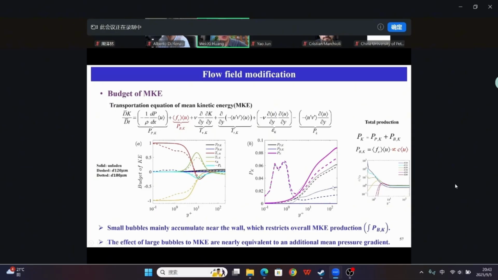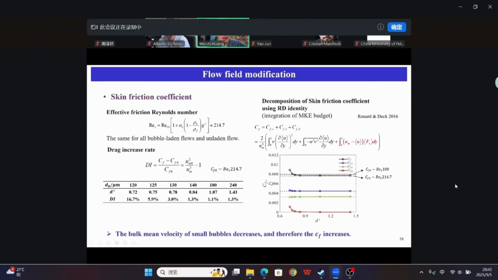It's almost uniform. And for the small bubble, the skin friction of the turbulence is increased due to the reduced volume bulk velocity. But as bubble size increases, it's almost constant, not changed.